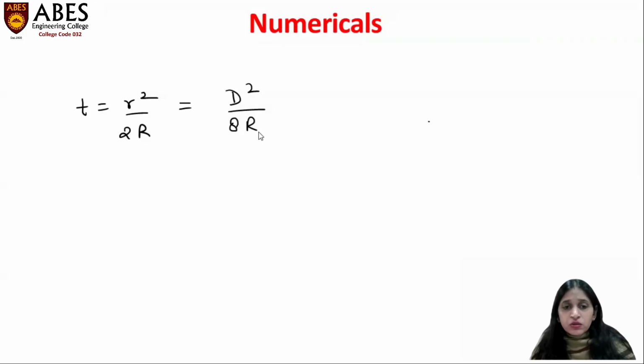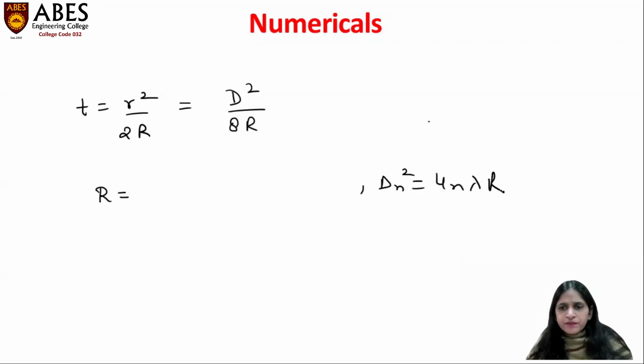We also need the R value, and in the numerical we also have to find out the value of R. So let us calculate the value of R. Since Dn square is equal to 4n lambda R, from the dark ring we know that, R is equal to Dn square upon 4n lambda.